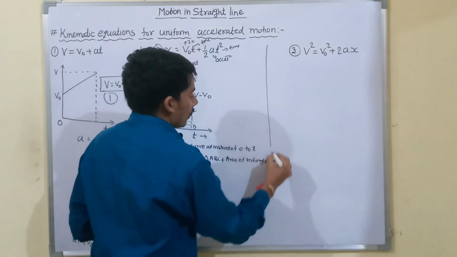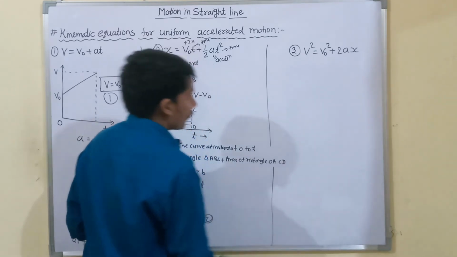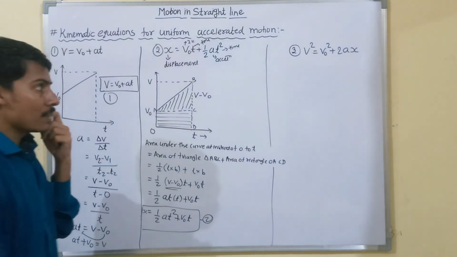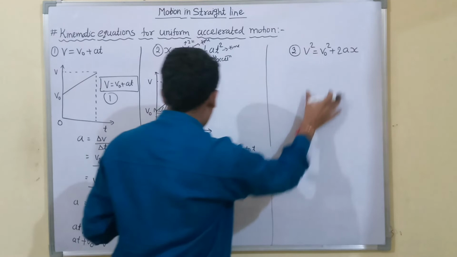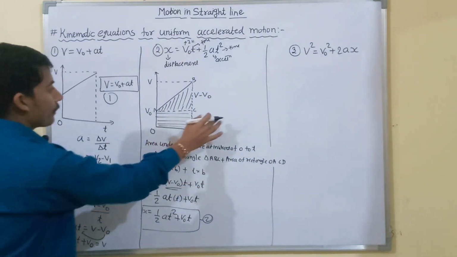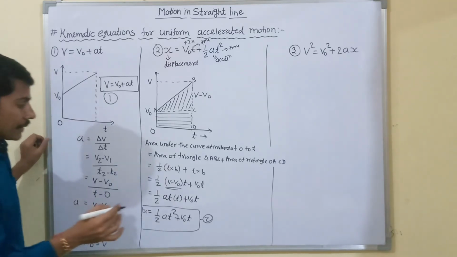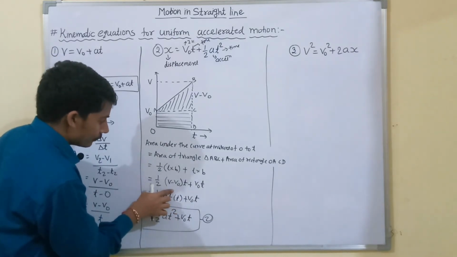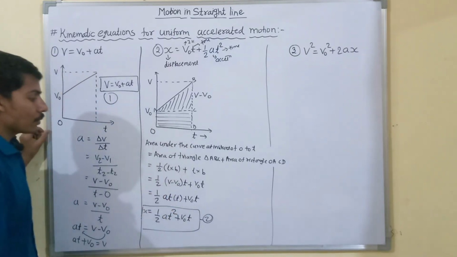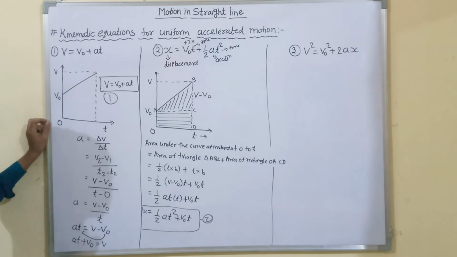Now the last equation, number 3. We can derive this equation from the first two equations. Before that, we have to rewrite this equation 1 by 2 v minus v naught t plus v naught t.